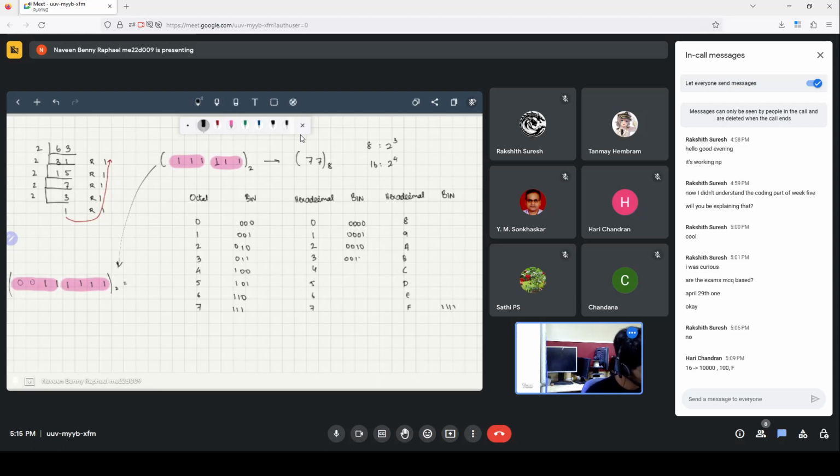And 1 1 1 1 is F. So 63 will be 3F in hexadecimal. I hope that was clear.